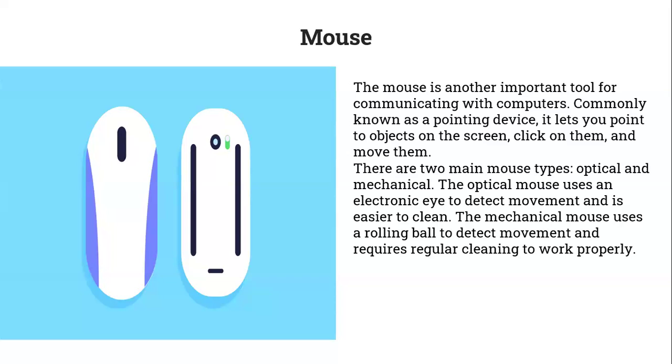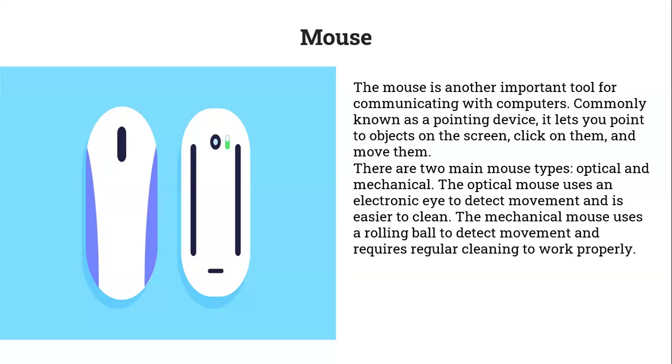It lets you point at objects on the screen, click on them, and move them. There are two main mouse types: the optical mouse and the mechanical mouse.